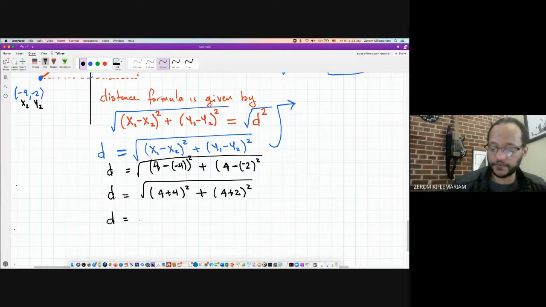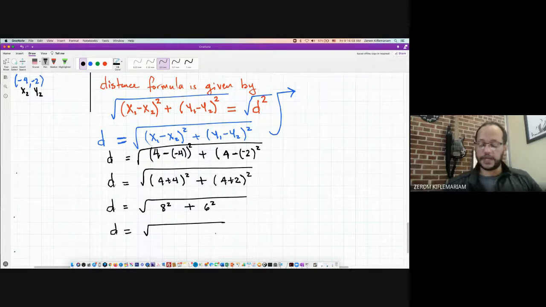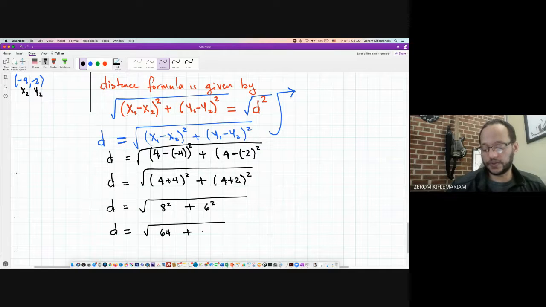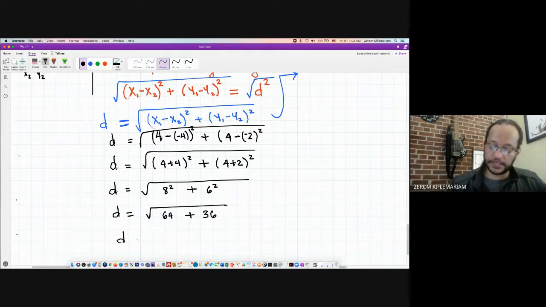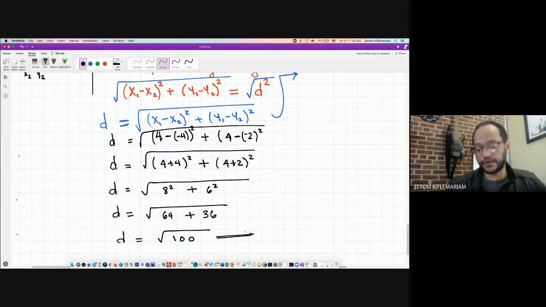D is equal to the square root of what? 4 plus 4 is 8 squared plus 4 plus 2 is 6 squared. D is equal to 8 times 8 would be 64 plus 6 times 6 would be 36. 64 plus 36 gives me 100. 100 is a friendly number, so the square root of 100 is 10, my answer.